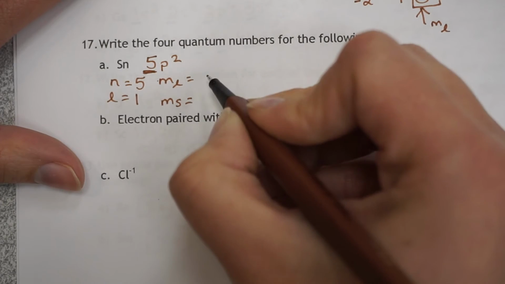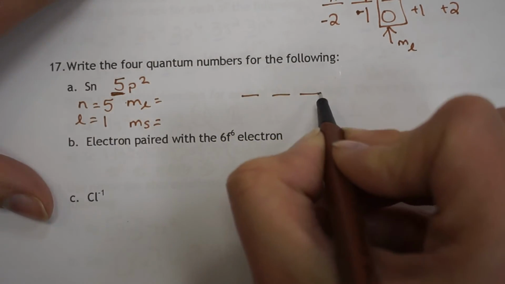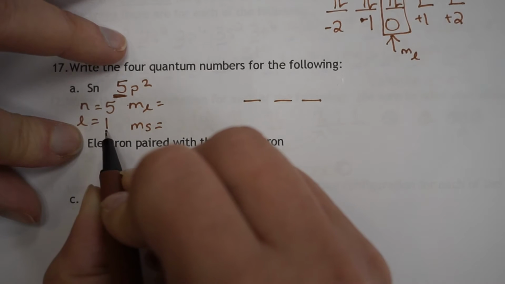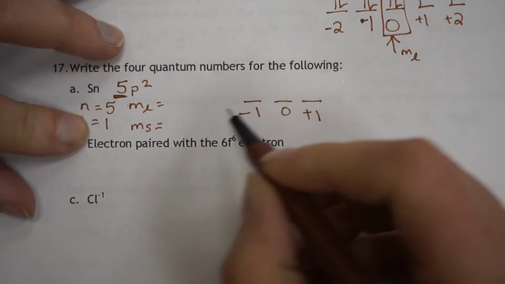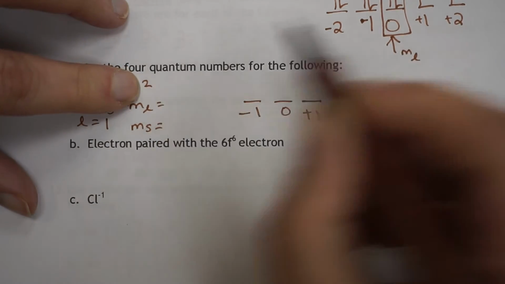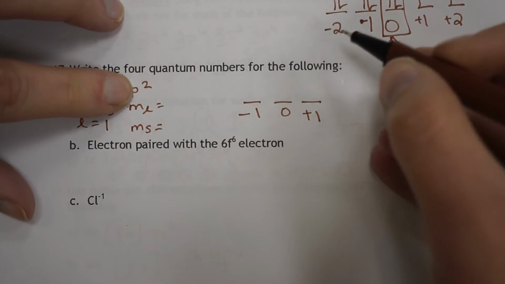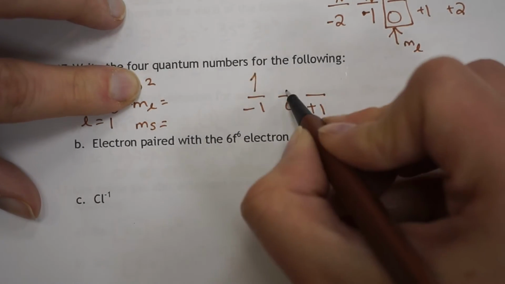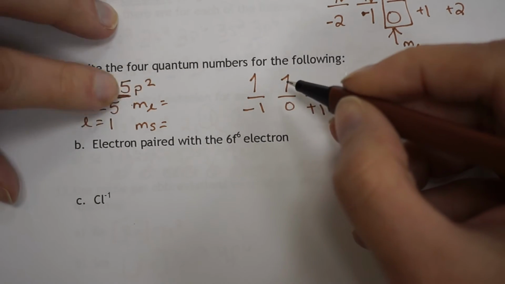Now, from this, we usually find these two together. So the P orbital has 3 sublevels. They're going to range from negative L to positive L, which is negative 1 to positive 1. Then we're going to use these electrons and find our spins. So 2 electrons. So you just fill it up until you have used all of your electrons, and that will be 2. So it's 1, 2. So our last, 5p2.